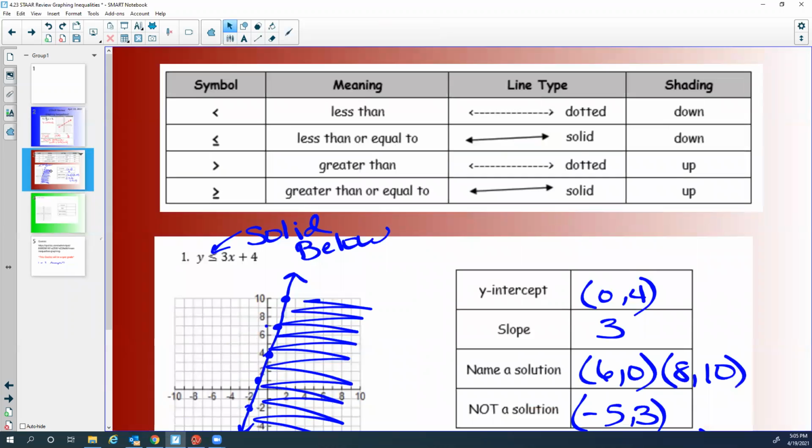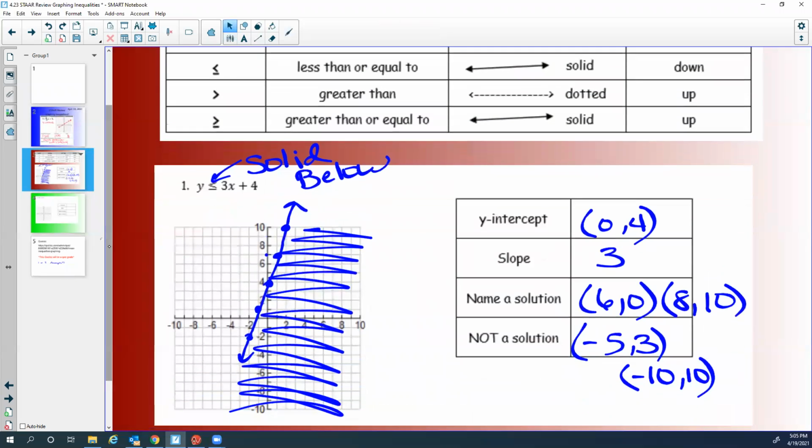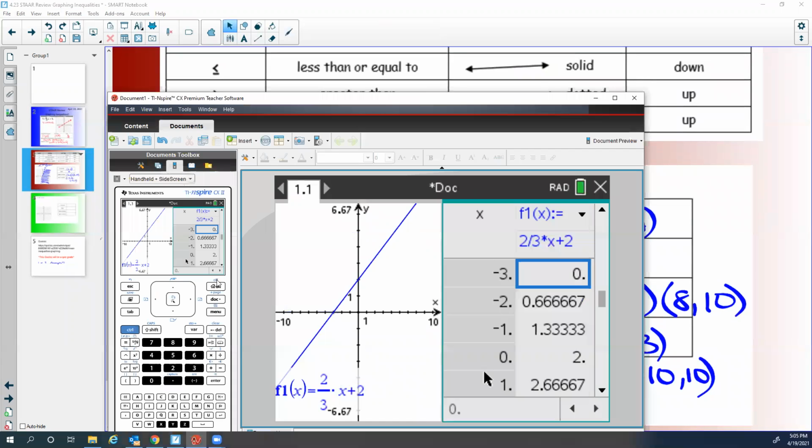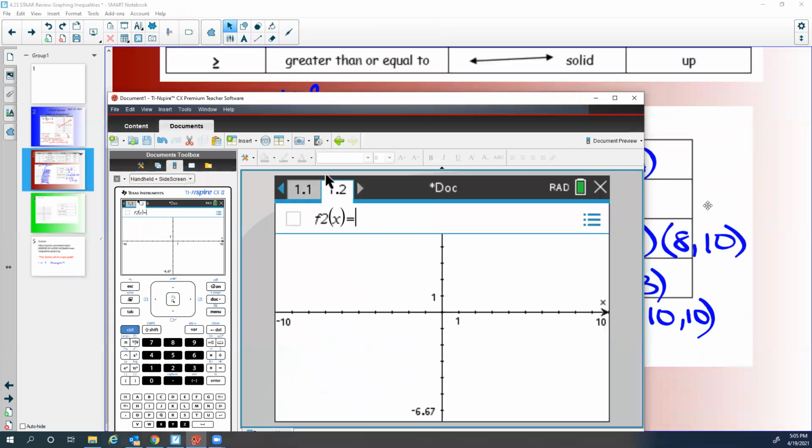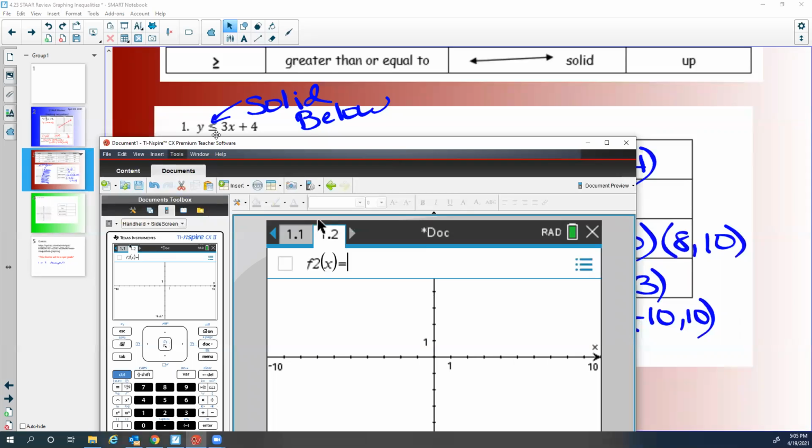Now, could you have graphed this one in the calculator? You could technically partially graph it. What I mean by partially: go back to your home screen and create a brand new graph. When you type this in, you are not able to put that inequality in. You would have to delete what's already there, and if you do that, it won't work.